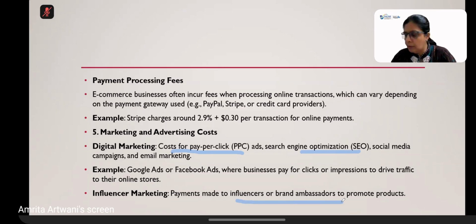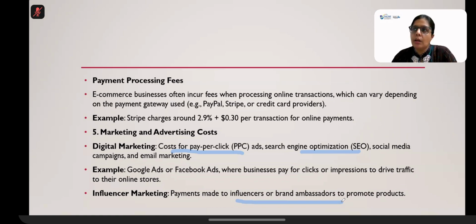Promote your product. I gave you the example of someone teaching makeup tutorials on their page, and you hire them to promote your makeup products on their page. So you have to pay them because they have followers who are your target customers, and they are promoting your product on their page. So you have to pay these social media influencers. Okay.